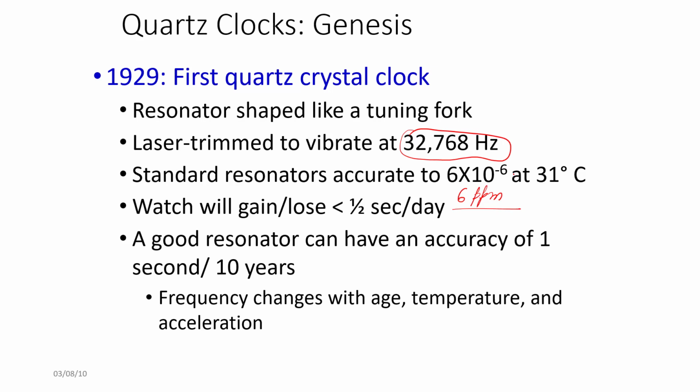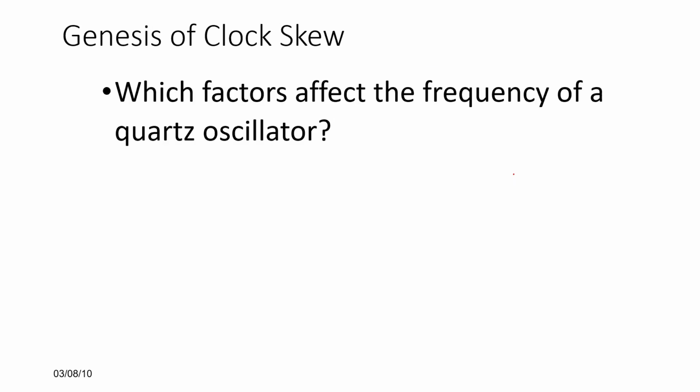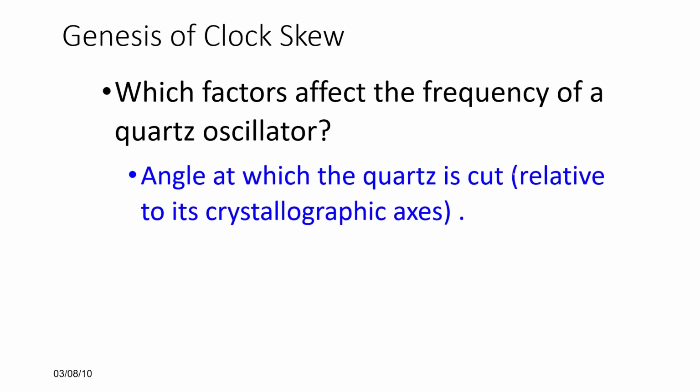And needless to say, the change in the frequency or the drift of the clock is dependent on several factors. One is, of course, the age of the clock, the ambient temperature, how hot or how cold it is, and the level of acceleration. So, what are these factors that affect the frequency of a quartz oscillator? Some I just discussed.